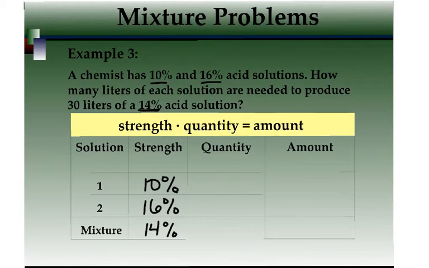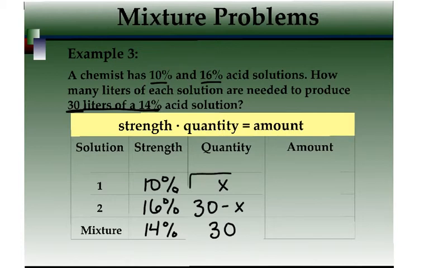Okay, now we're going to come up with quantities for all of our acid solutions. We know the 14% is 30 liters. That's what we're trying to come up with. So plug in 30 in our table here. We don't know how much of the 10% we need, so we're going to call that X. And the 16% solution is 30 minus X, because when we add these two quantities together, we need to get 30 liters.